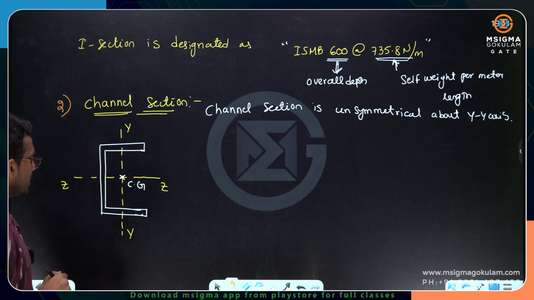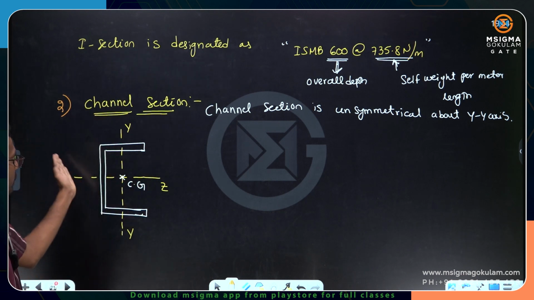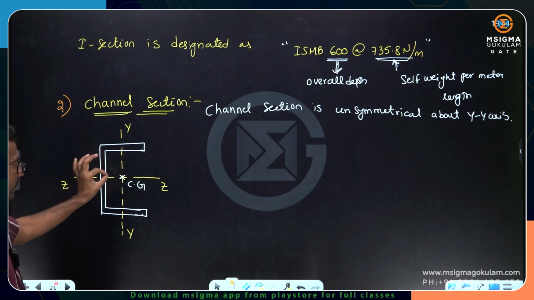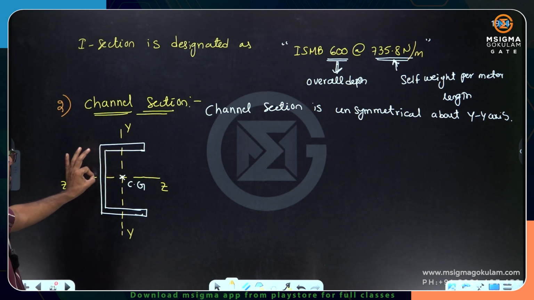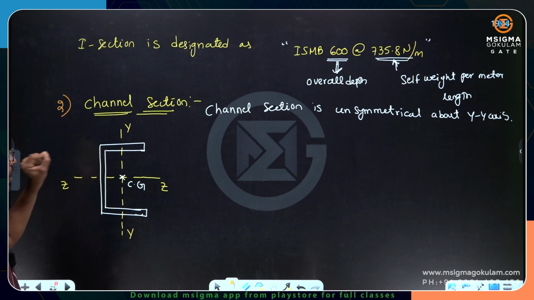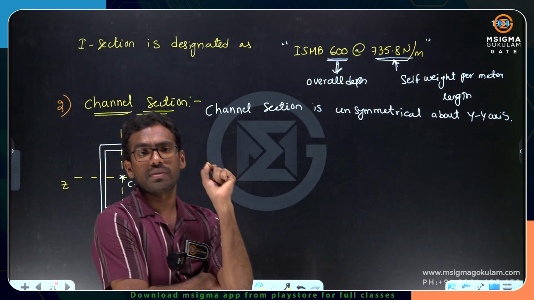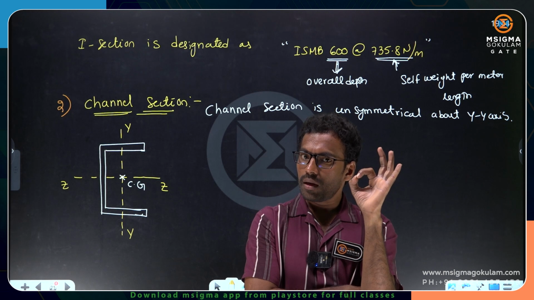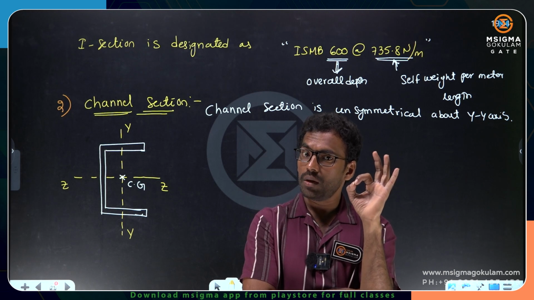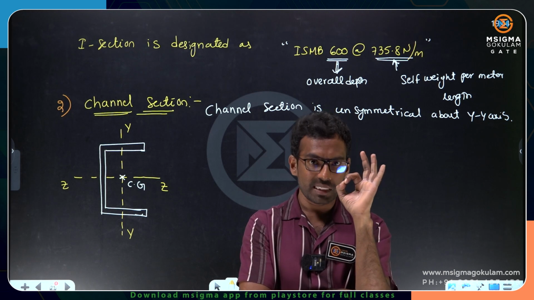But because it is unsymmetrical about the YY axis, the shear center will not coincide with the centroid. Very important point: the shear center always lies along the axis of symmetry.